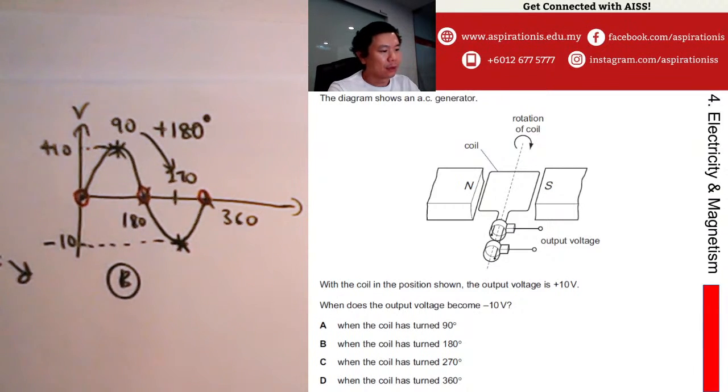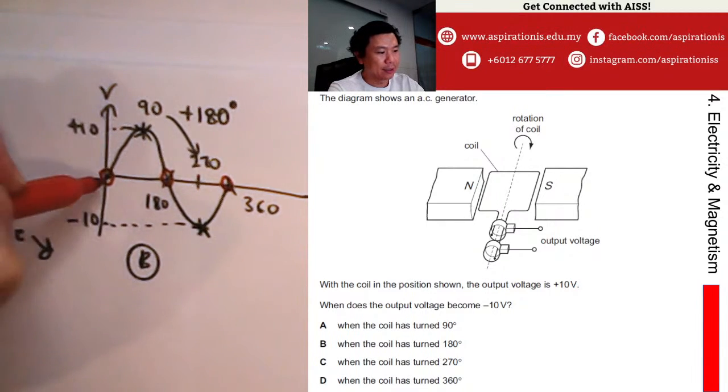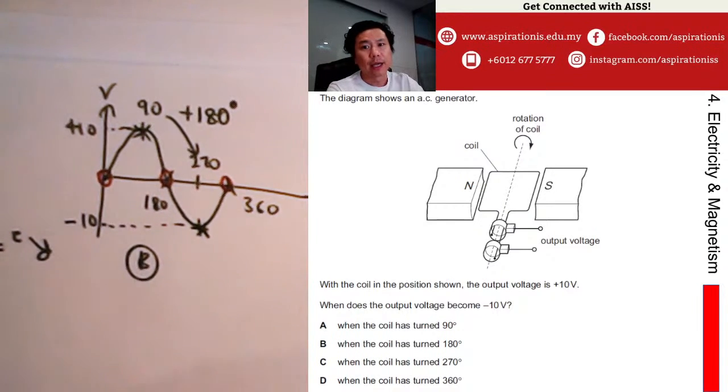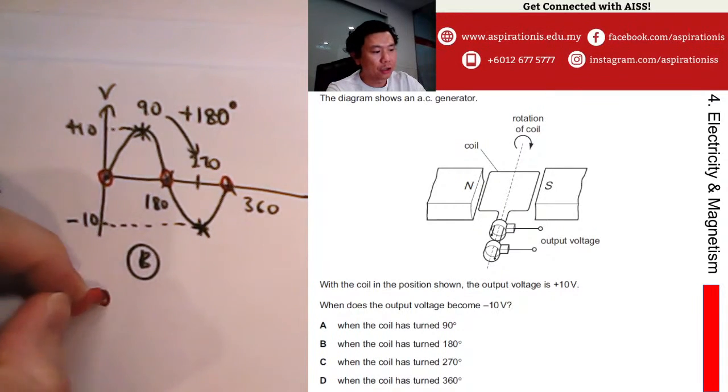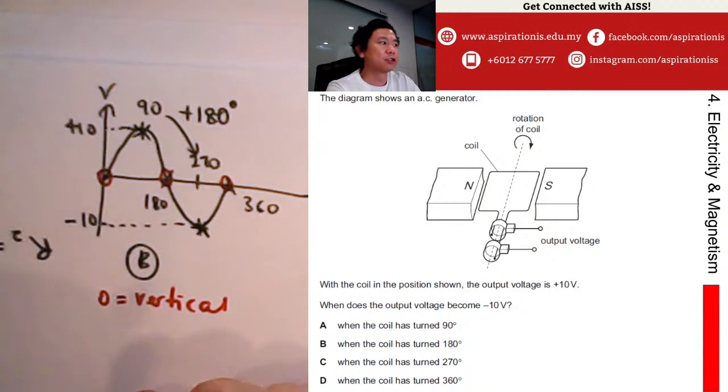Now, I hope for you to understand that this is zero EMF induced. And zero EMF induced means that the coil is vertical. So red is vertical, because when the coil is vertical, it is not cutting any magnetic field lines.